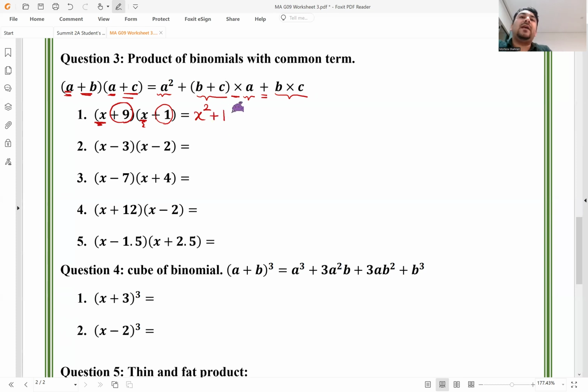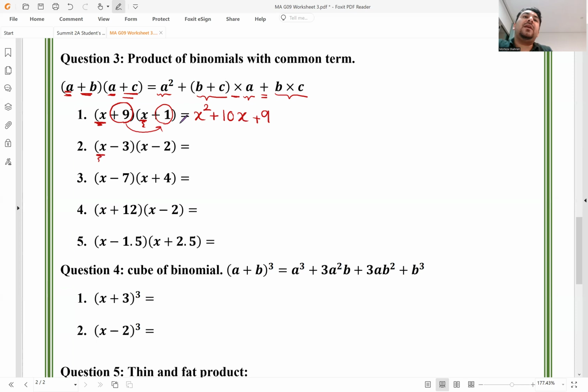So plus 10 multiplied by the common term, which is x, so 10x. Now multiply the non-commons. 9 times 1 is 9.